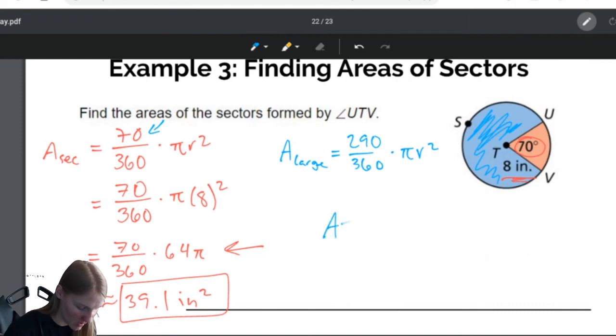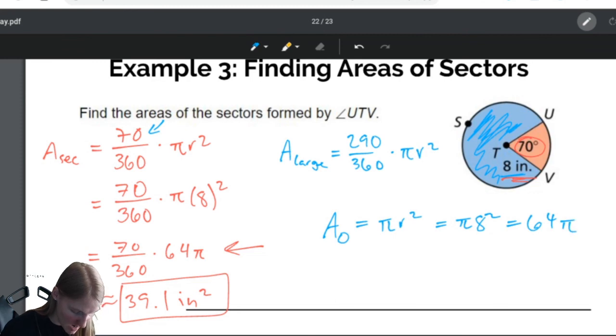So let's take the area of the whole circle. The area of the circle is pi r squared, which is, 8 inches is the radius, so pi 8 squared, which is 64 pi. And now let's just do this minus this.